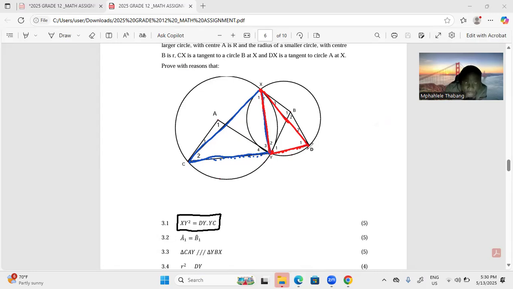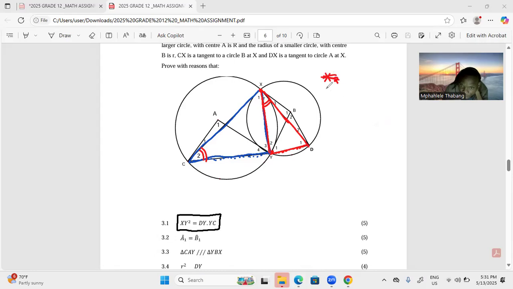So let's check. If we want to prove that two triangles are similar, we are going to work with angles. So for example here, if you look at the angle X2 on this triangle XYT, the triangle represented with a red color, you will notice that it equals C2, according to the tan chord theorem.